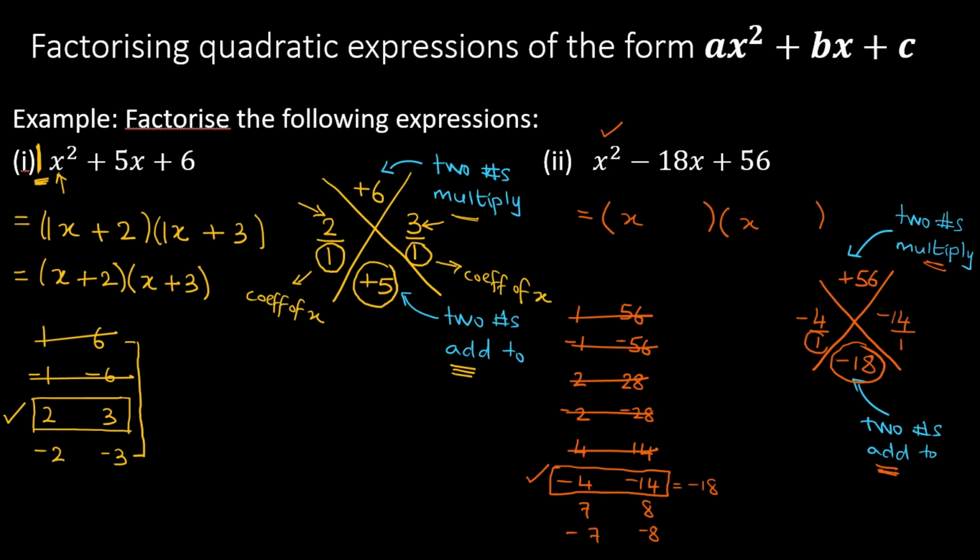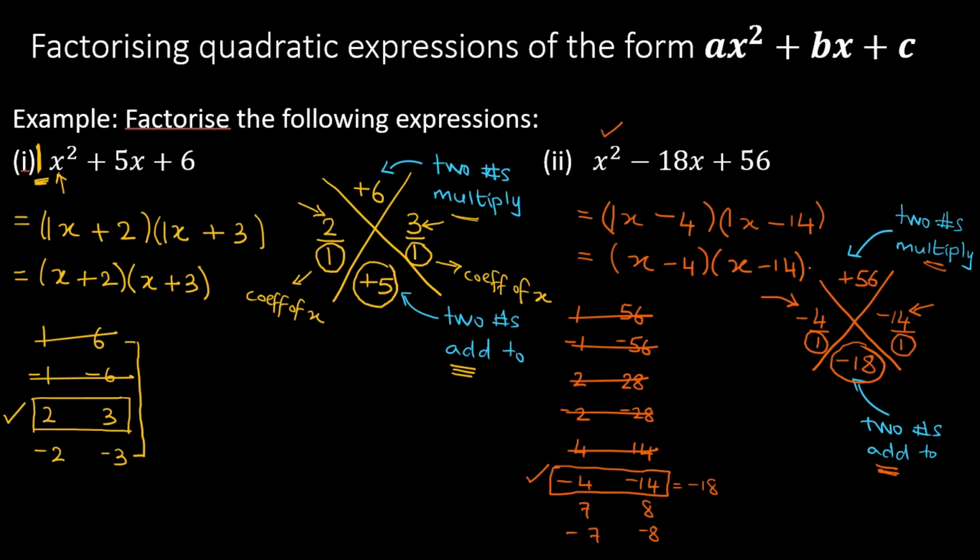The first denominator is 1, so this becomes the coefficient of x in the first bracket. The second denominator is 1 again, it becomes the coefficient of x in the second bracket. Now we consider the numerators. Negative 4, you insert in the first bracket. Negative 14, you insert in the second bracket. So we have x minus 4 times x minus 14. That's it.